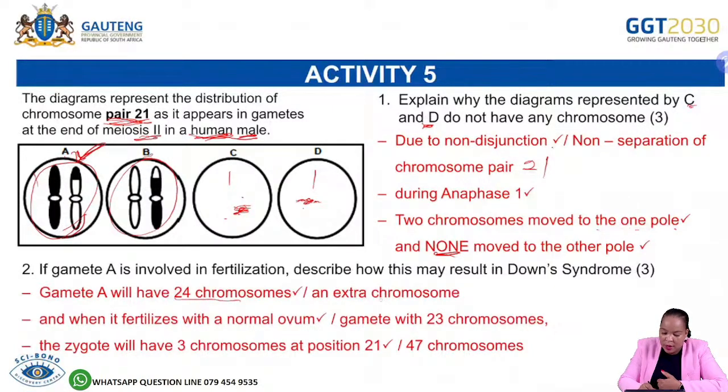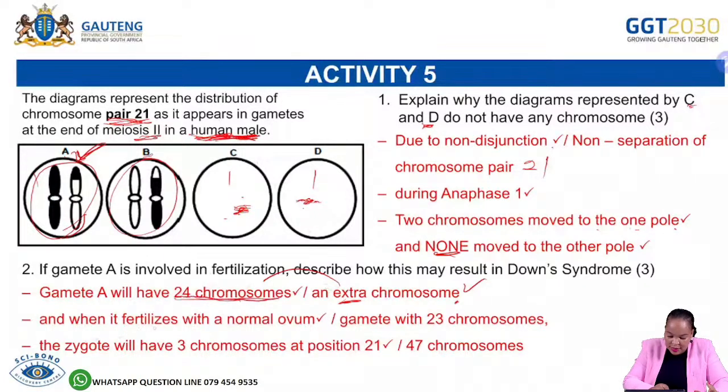You can also say it will have an extra chromosome and still get a mark for that. But because you were told that this is a human male, you are safe to say there are 24 chromosomes.